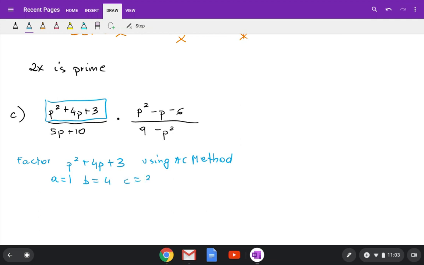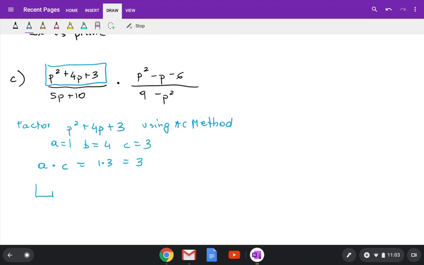C is equal to 3. So we multiply A times C. We're getting 1 times 3, which is 3. Then we're looking for two integers which by multiplication give us AC, which is 3, and the same two integers which by addition will give you B, which in our case is 4. So we need to check what's going to work. 1 and 3 definitely will work.